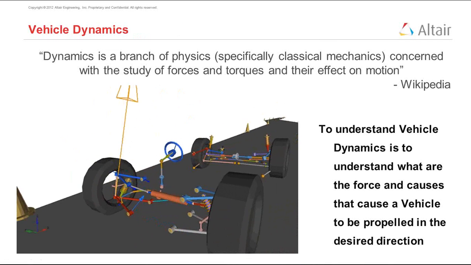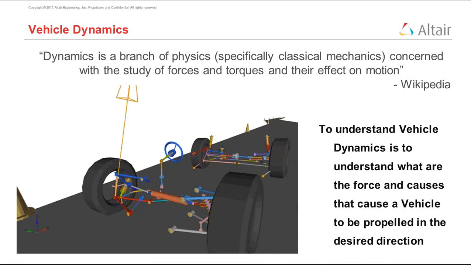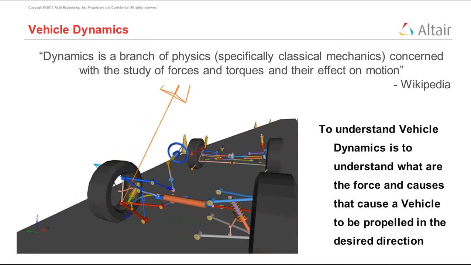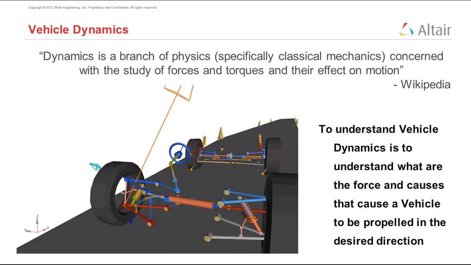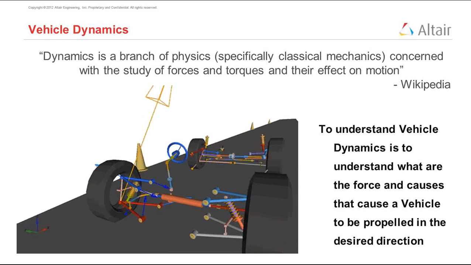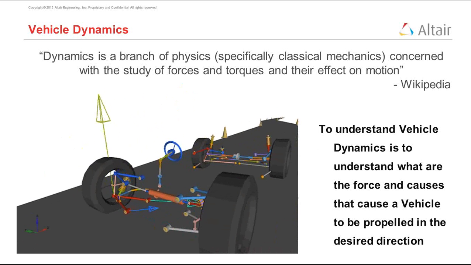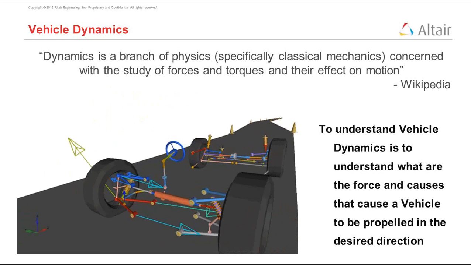Let me start by talking about vehicle dynamics, what vehicle dynamics is. Dynamics is a branch of physics that is concerned with the study of forces, torques, and motion and their effect on motion. What this means is essentially dynamics is the implementation of Newton's three laws.